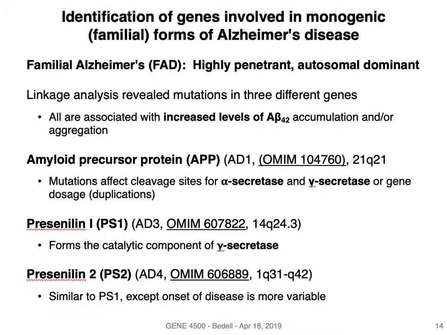Okay. And they know that this is on chromosome 21. This is the protein, the precursor protein, right, that gets processed. And there are specific cleavage sites for specific enzymes, alpha secretase and gamma secretase. Well, not too surprisingly, the two other familial forms of Alzheimer's have mutations that affect the actual enzymes that do that cleavage.